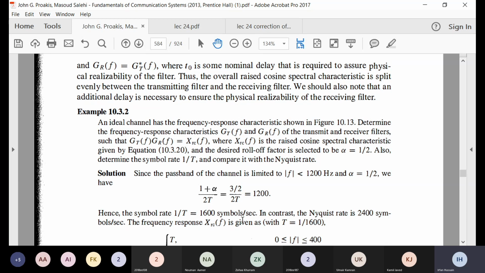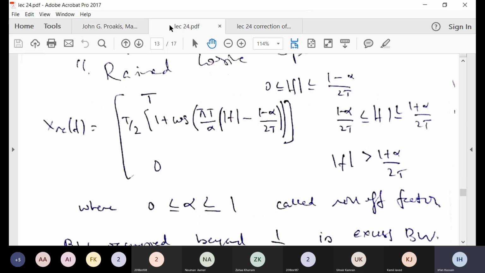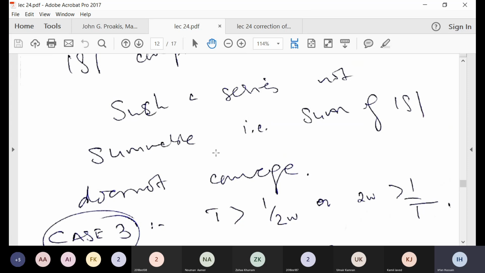So then the Nyquist rate, that is 2400 symbols, because we know the Nyquist rate is 1 over 2T, or you can say it is 1 over W. The Nyquist rate is given as follows, and W is equal to 1200.